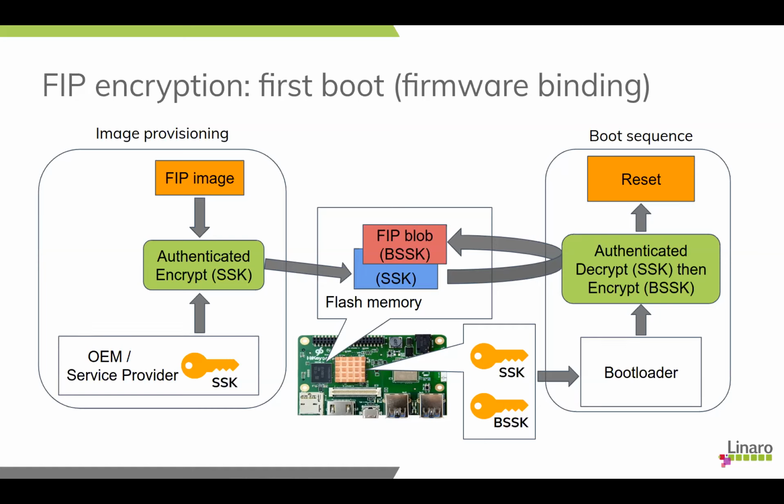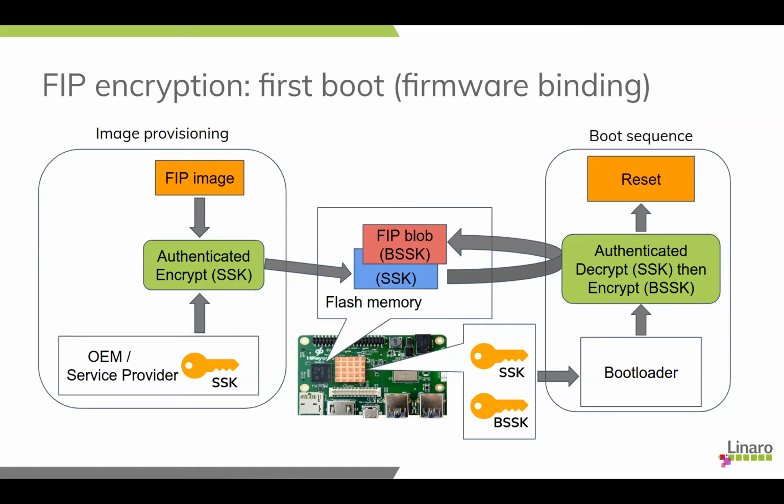Then that would boot only using that DSSK key only, so there isn't a choice to fall back to SSK. So you're saying the update path uses the class key and the boot path uses the device-specific key always? Yes. Okay.